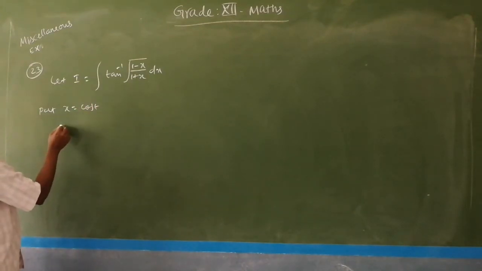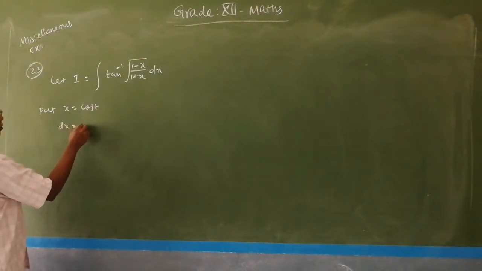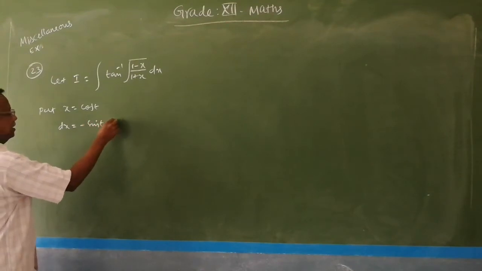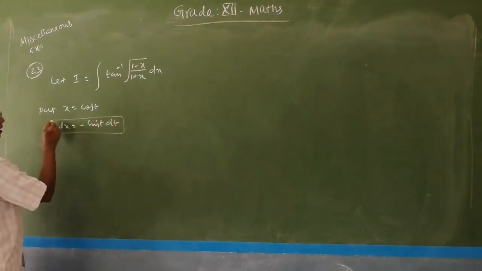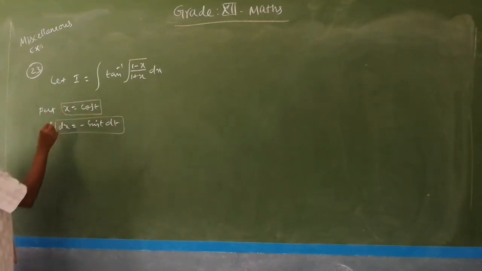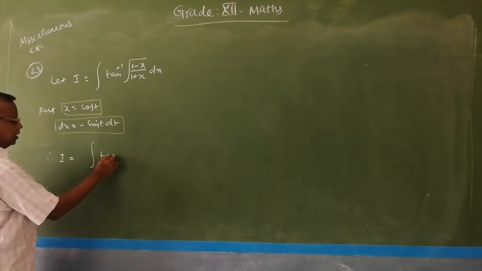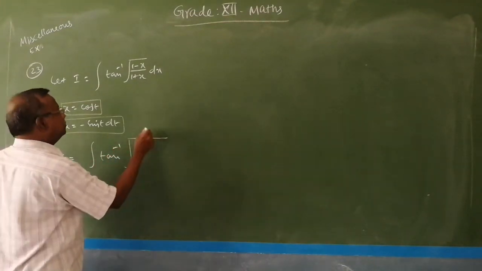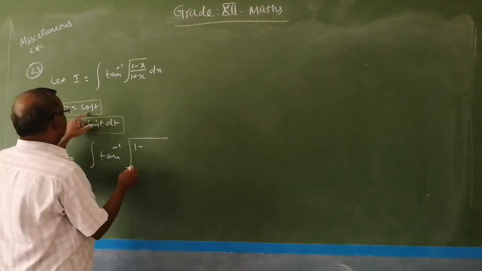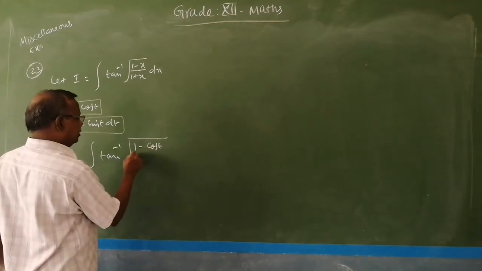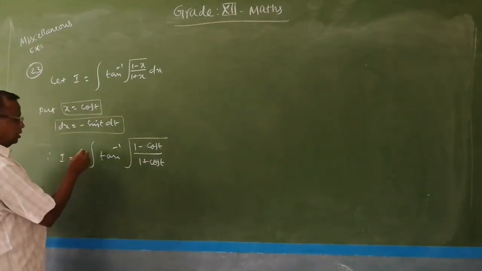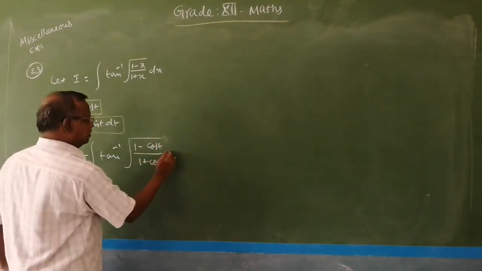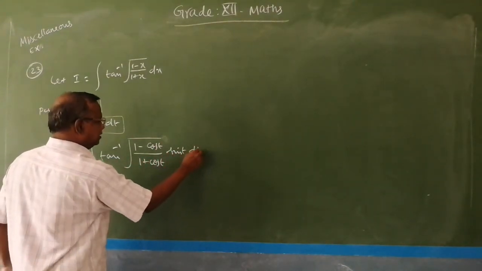Differentiating this, dx equal to minus sin t into dt. Now therefore I equal to integral tan inverse of root of 1 minus cos t divided by 1 plus cos t and minus sin t into dt.